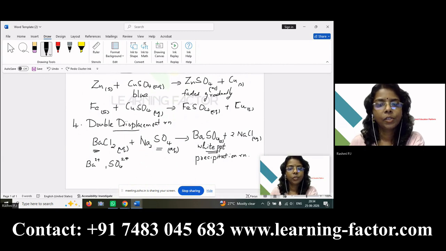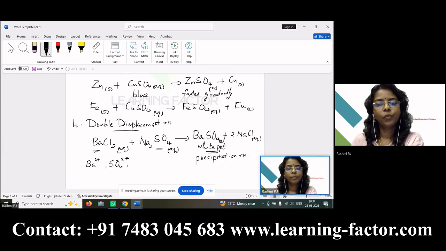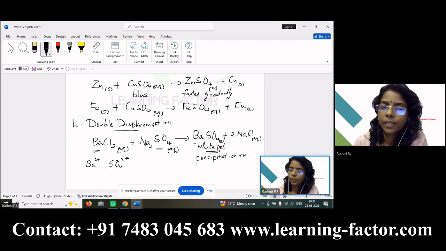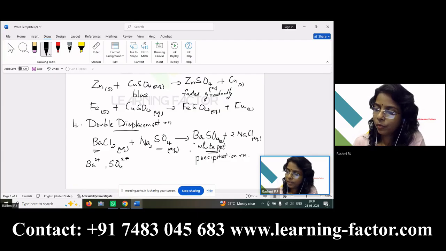Ba2 plus and SO4 2 minus ions combine to form barium sulfate. This white precipitate is formed by the reaction of sulfate and Ba2 plus ions. The other product, NaCl, remains in the solution.